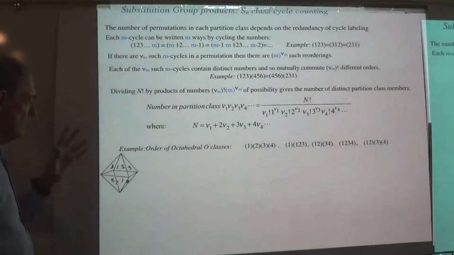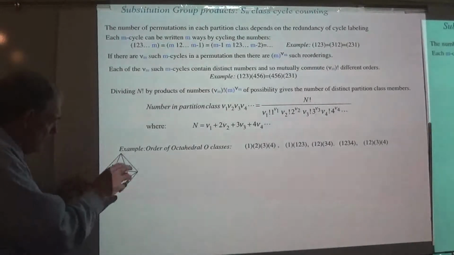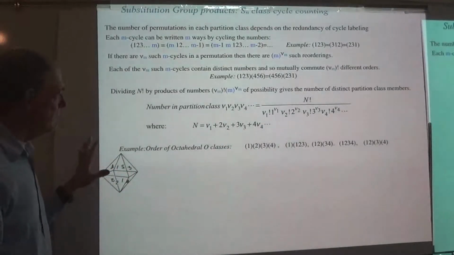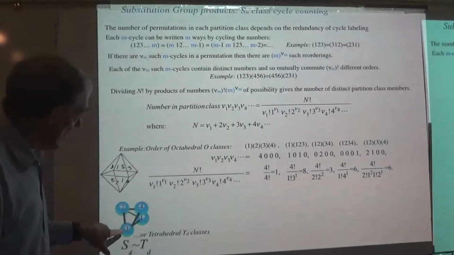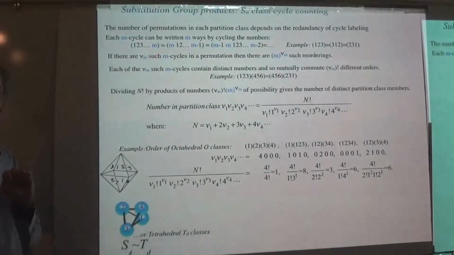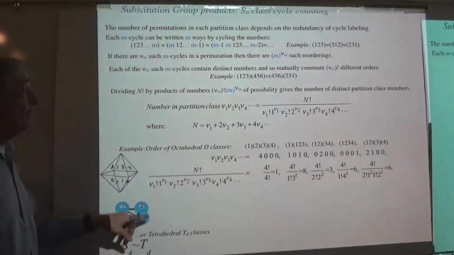But if that bothers you, if you feel, oh my God, I'm never going to be able to visualize permutations written on an octahedron, get me out of here, I point out to you this guy right here.